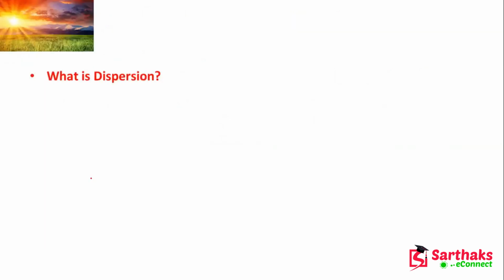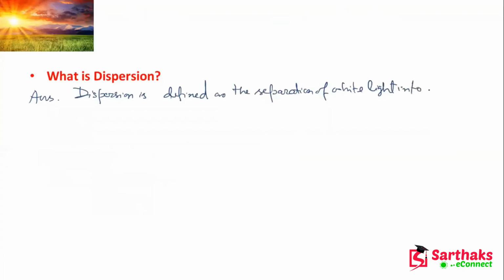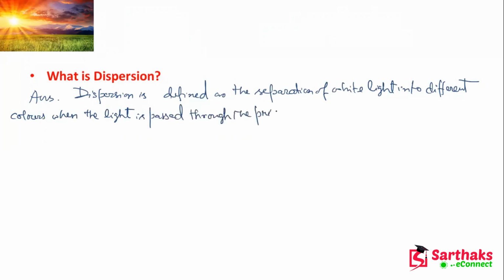Now, what is dispersion? Dispersion is defined as the separation of white light into different colors when the light is passed through the prism.